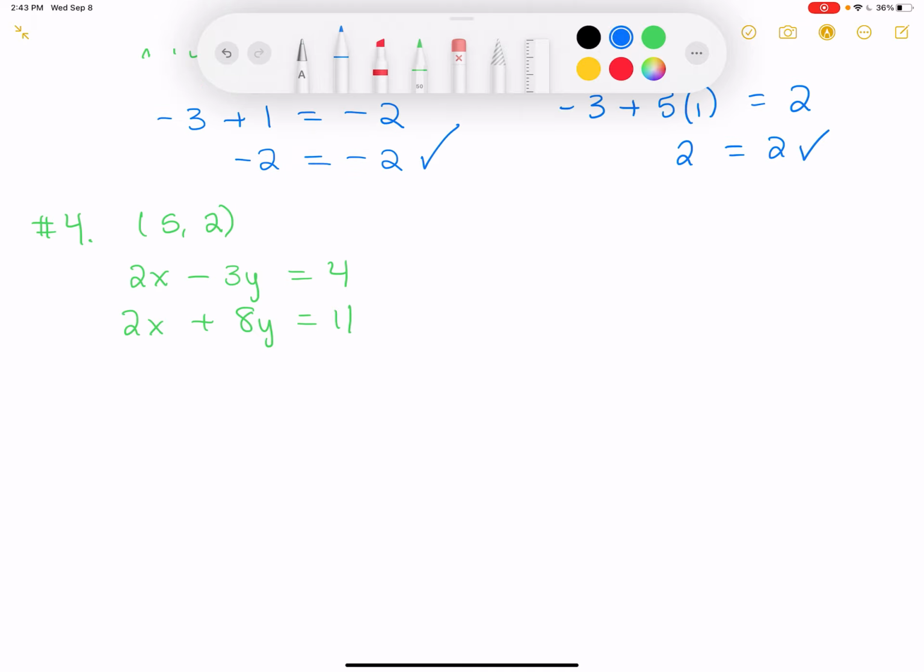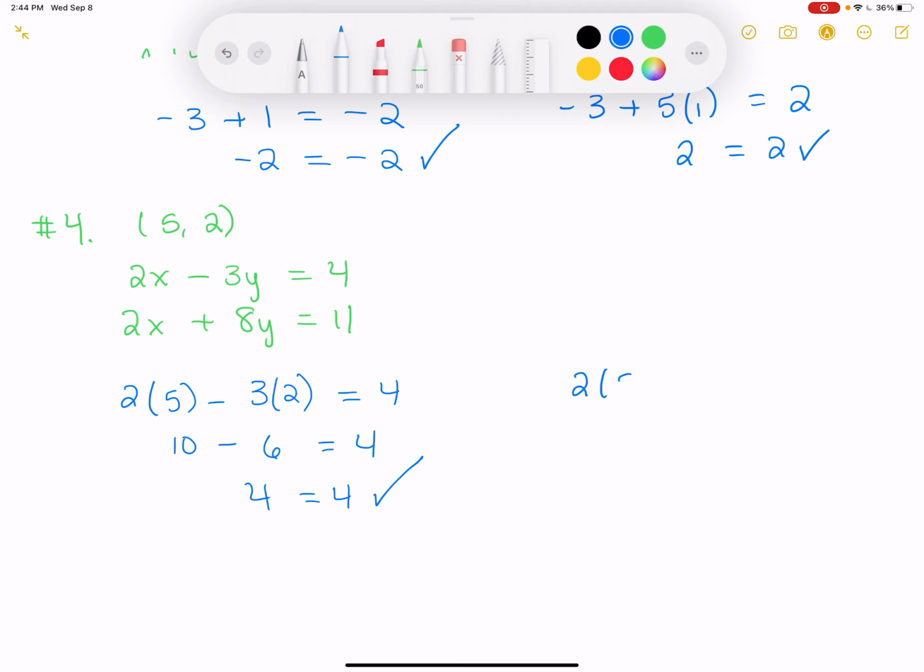Alright, so I'm going to do the top equation first. So 2 times x is 5 in this case, minus 3 times y is 2 is equal to 4. 2 times 5 is 10, minus 3 times 2 is 6. It's equal to 4. 4 equals 4. So that one works, but I've got to check the second one.